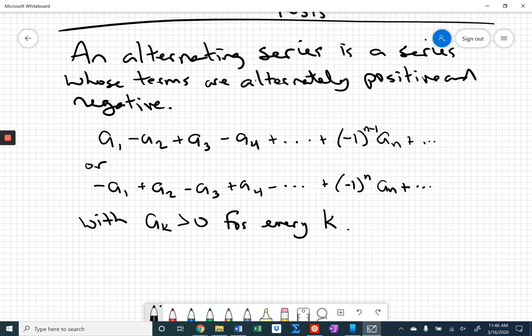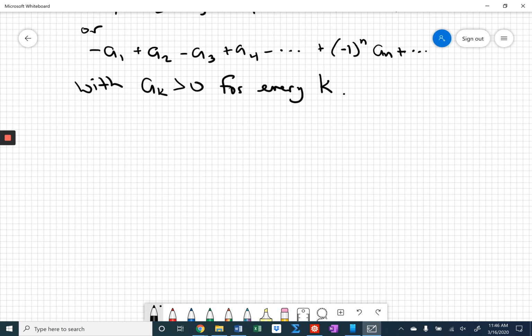Okay. Well, we have a pretty straightforward test called the alternating series test that determines the convergence or divergence of an alternating series.